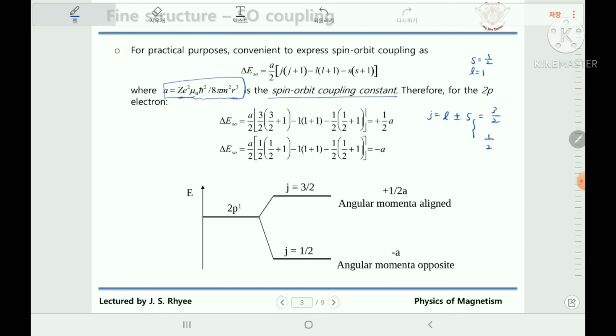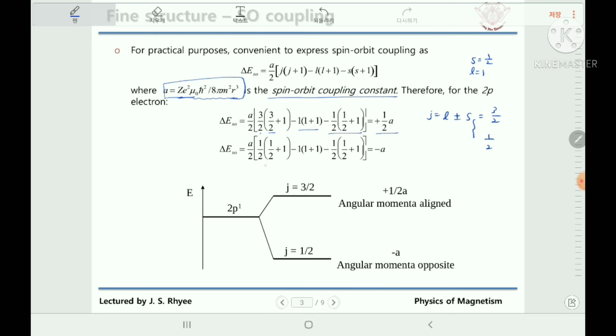Let's substitute this spin-orbit interaction in the high spin case. The high energy configuration has J equal to 3/2, with the orbital angular momentum and spin angular momentum parallel, and the energy is one half a.